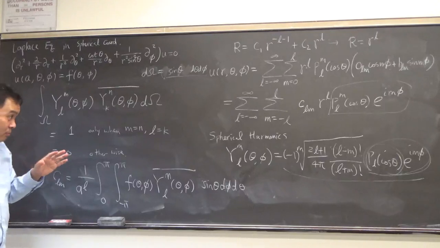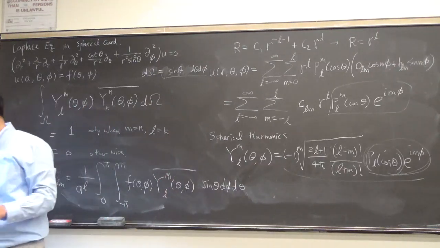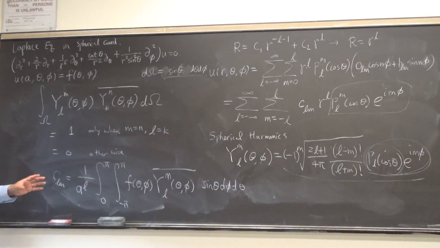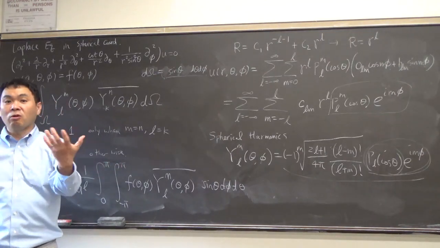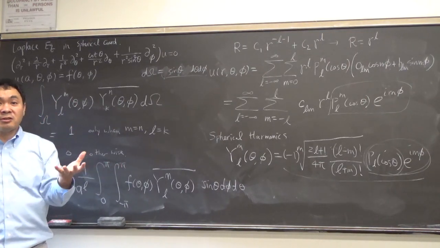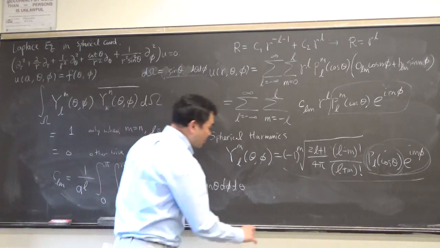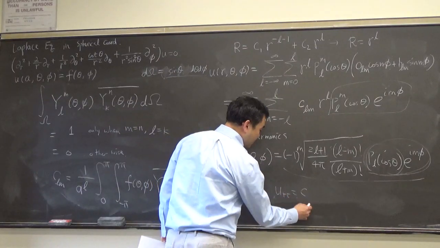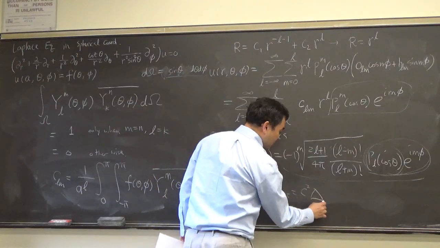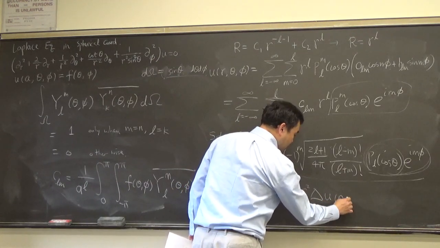Now, just one more comment on this. The name spherical harmonics comes from the fact that if you solve the wave equation over the surface of the sphere, then you end up with U_tt equals c squared times nabla U(theta, phi).